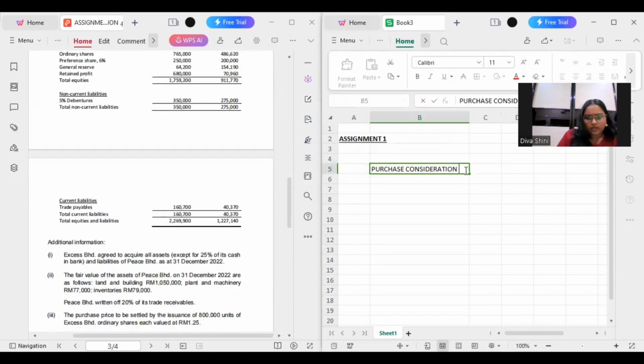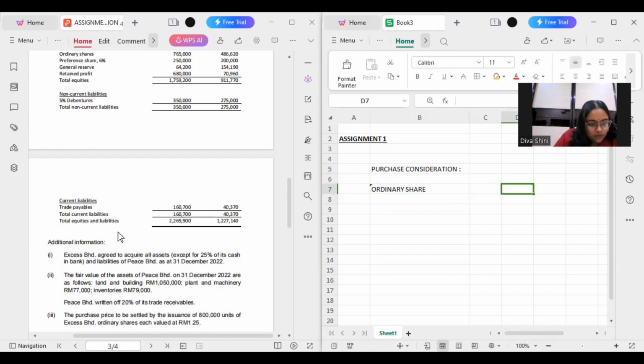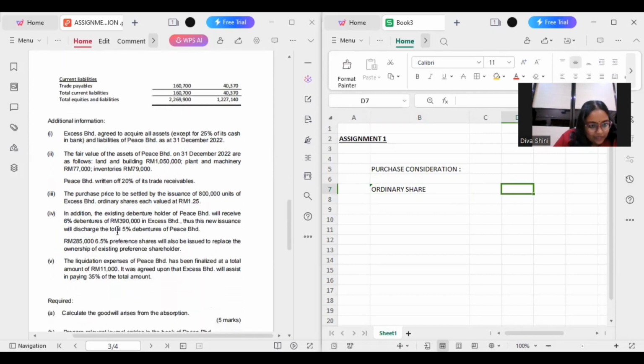For the purchase consideration, we have ordinary shares, which we need to take from the additional information. Here it is: issuance of 800,000 units of Access Berhad ordinary shares, each valued at 1.25 ringgit. So we need to calculate.